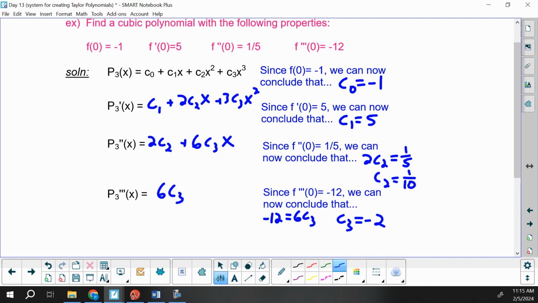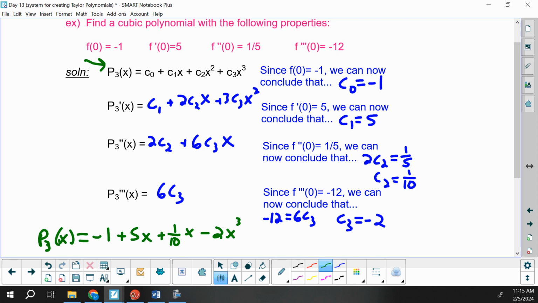What we can do now is put that all together because we had the base form of our third degree polynomial. So P3 of x is really just our C0, which was negative 1, plus 5 times x, because that was our C1, plus 1/10 x squared, minus the 2 for x cubed.